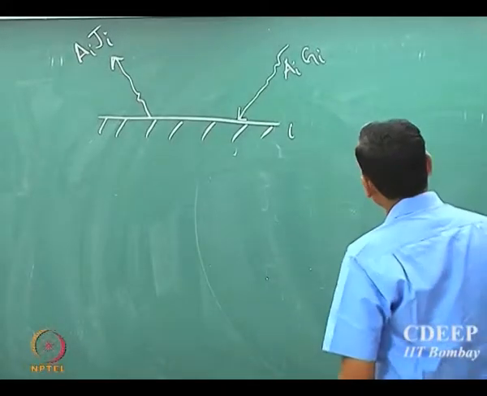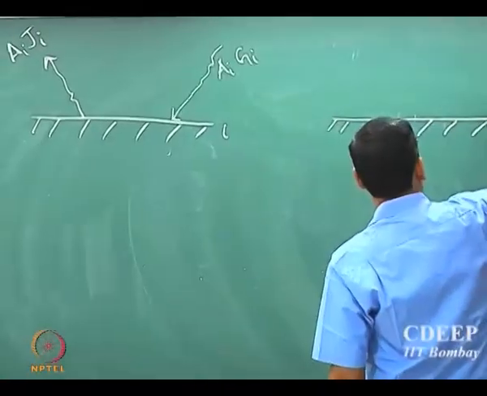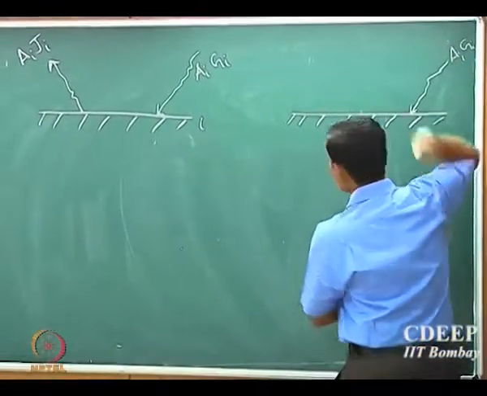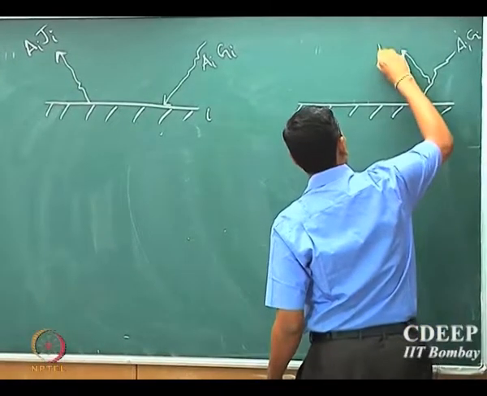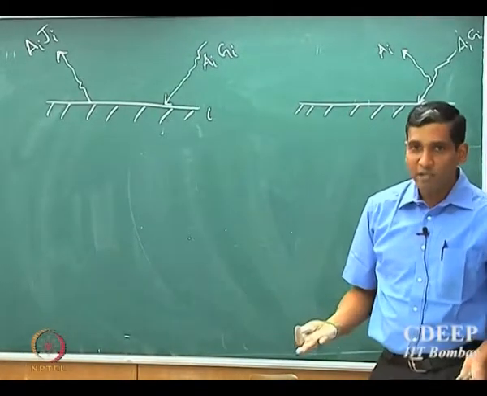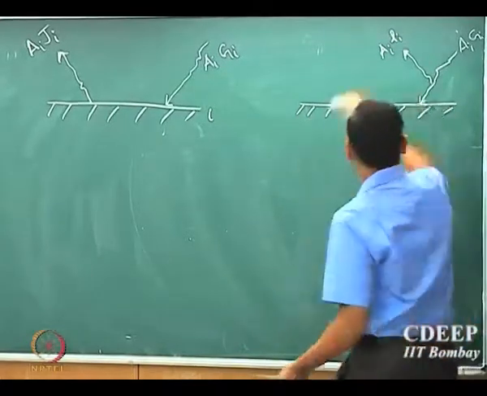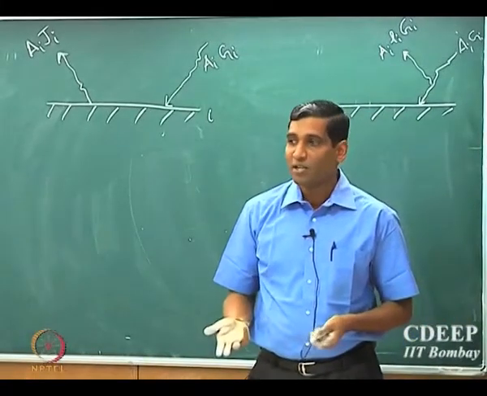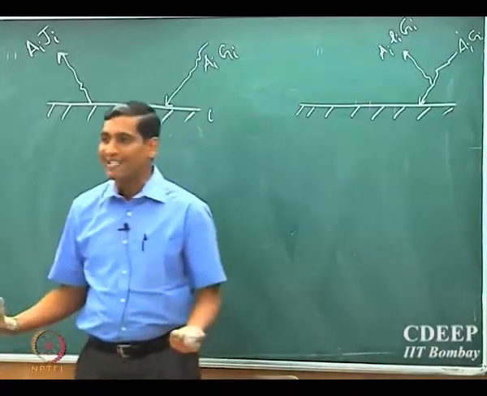Now we could also resketch the same schematic in a slightly different way. If AI GI is the incident irradiation, then some part is reflected, given by AI times the reflectivity rho I multiplied by GI. Remember the definition of reflectivity: the amount of radiation which is reflected divided by the total incident irradiation.